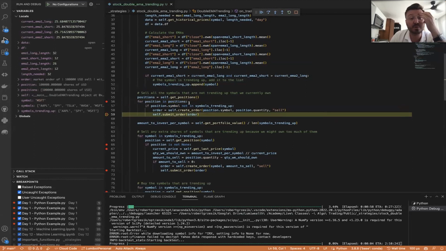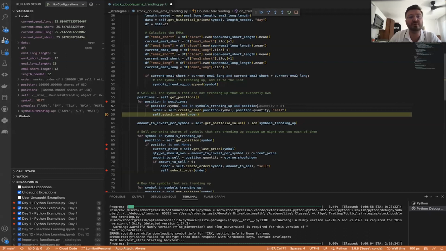Right, so now if position, this should not execute. If position symbol not in symbols trending up. Okay, so we have a bug here. We're going to go position dot asset, and position, because we want to ignore US dollars.